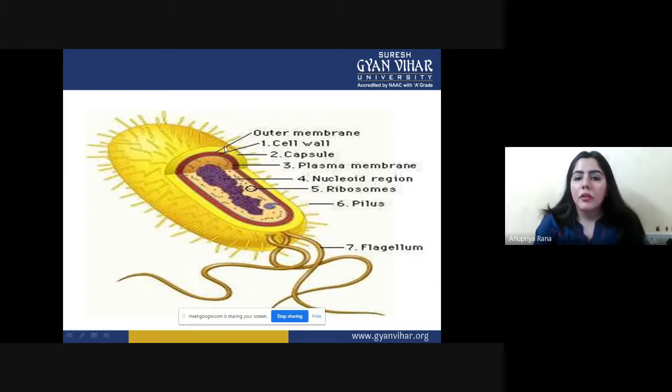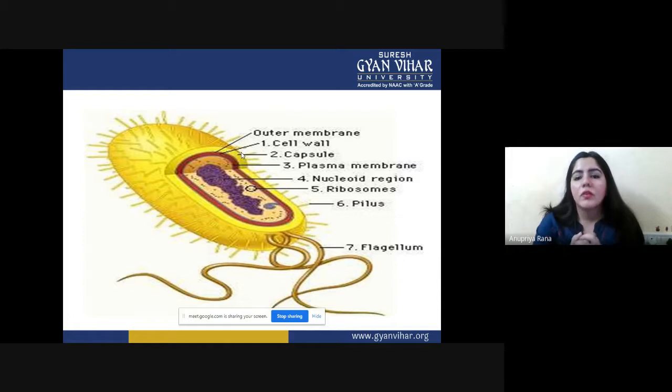After that, you can see the capsule. The capsule is not present every time; in certain situations it can be present or not, depending on what kind of bacterial or prokaryote cell it is. If the cell has to live in a zone where the complications are more, the capsule has to be very rigid.